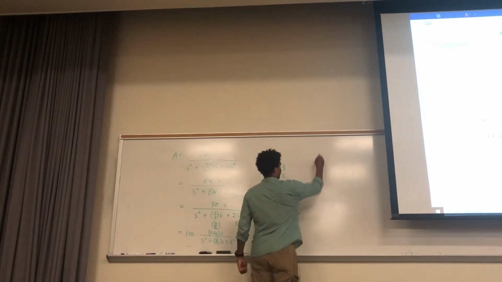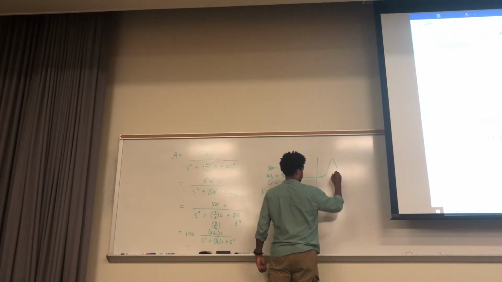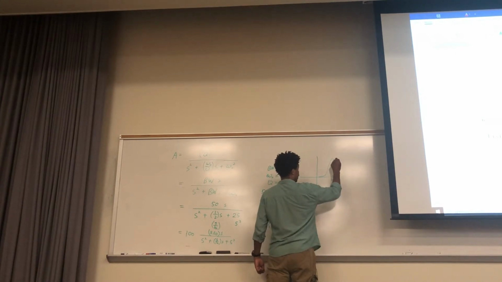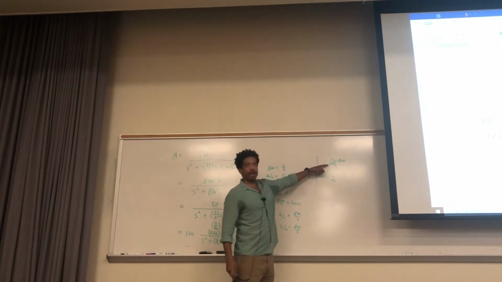So it looks sort of like this right here for this like low pass filter, where this is the center frequency, and this right here is the bandwidth. Oh, how do we determine the bandwidth?